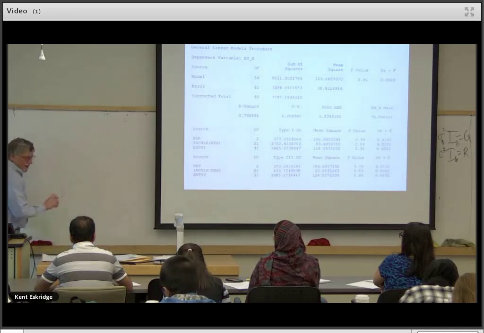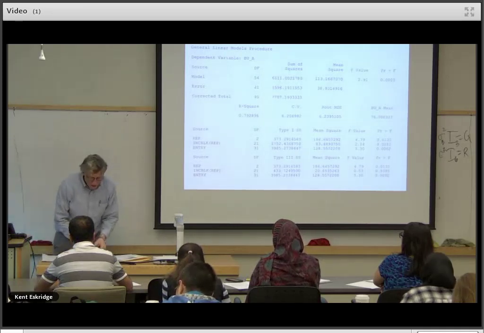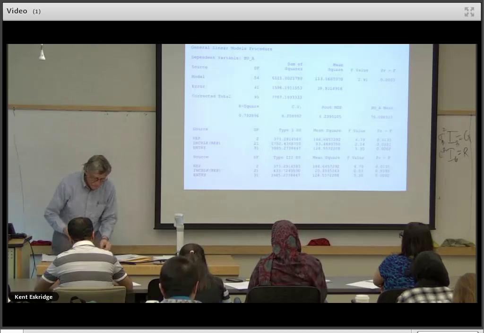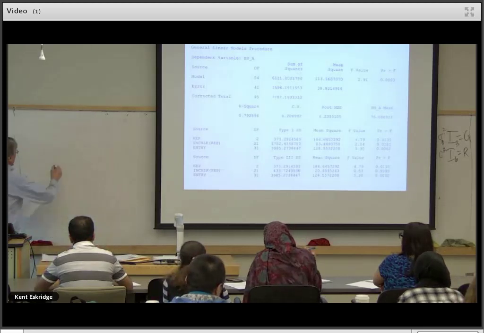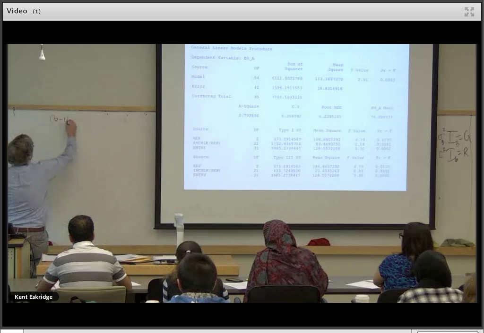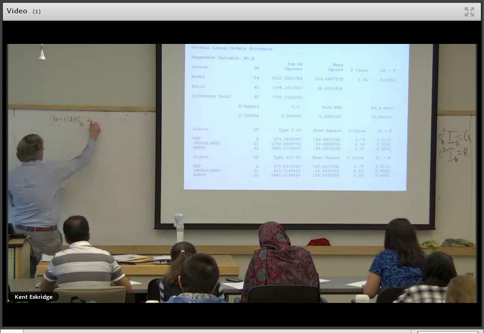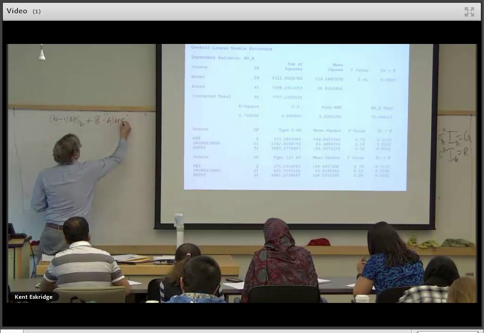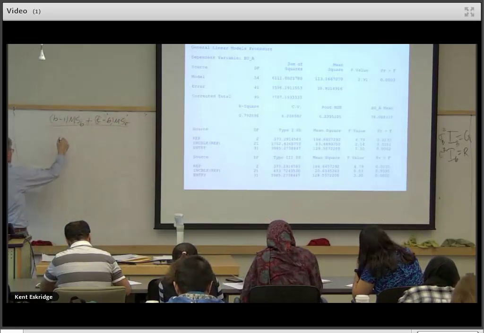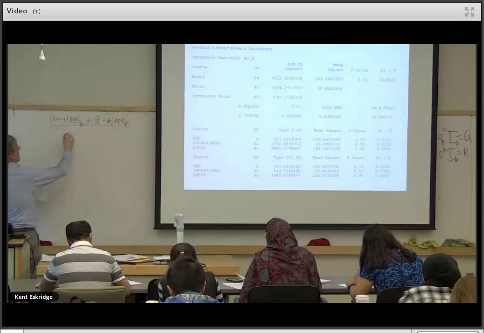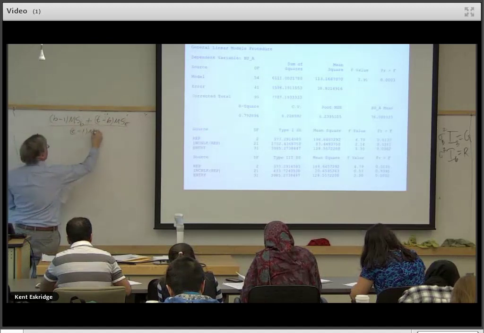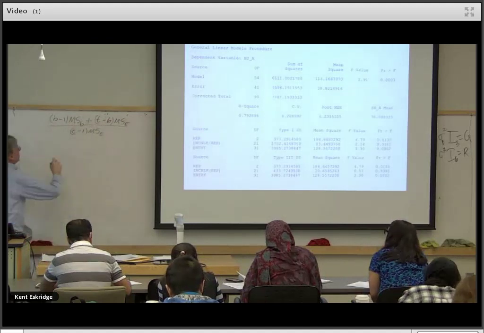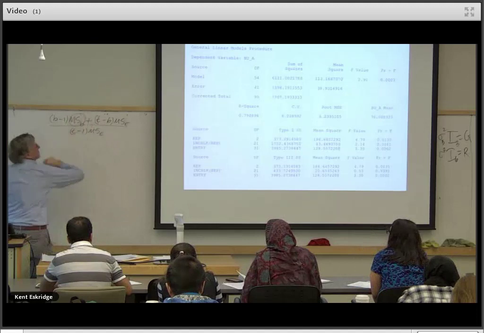So remember what we had with our formula. We had (b minus 1) times the mean square per block plus (t minus b) times the mean square per error, over (t minus 1) times the mean square per error. Okay. And so this thing is what?